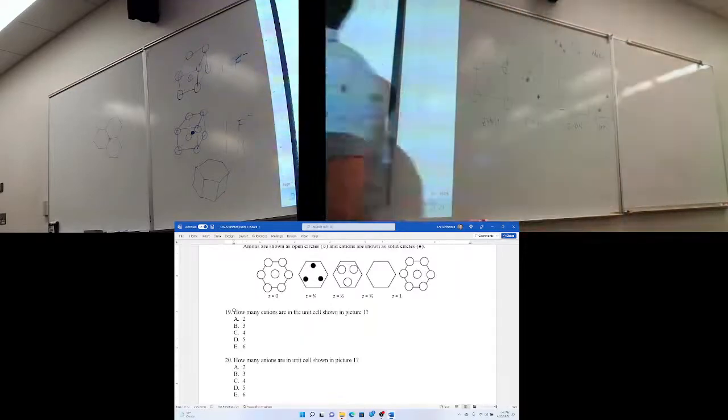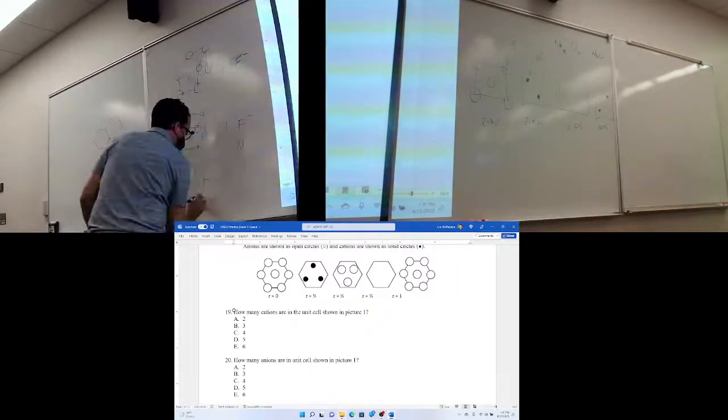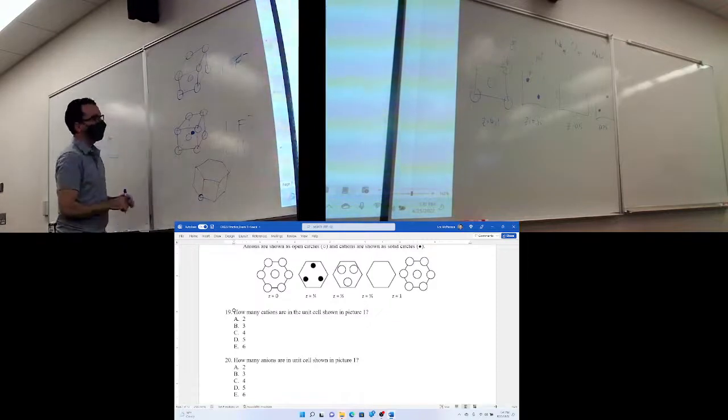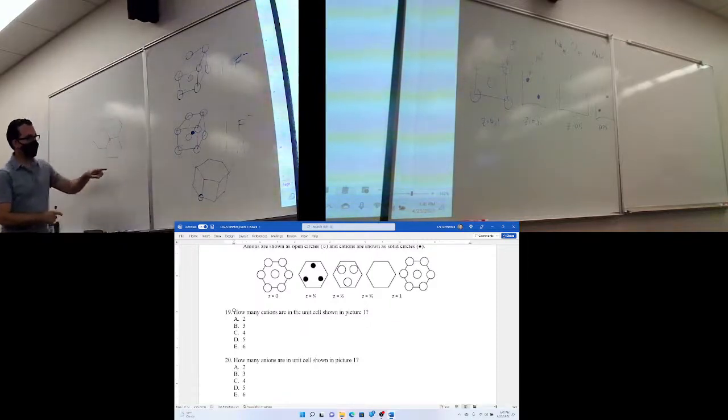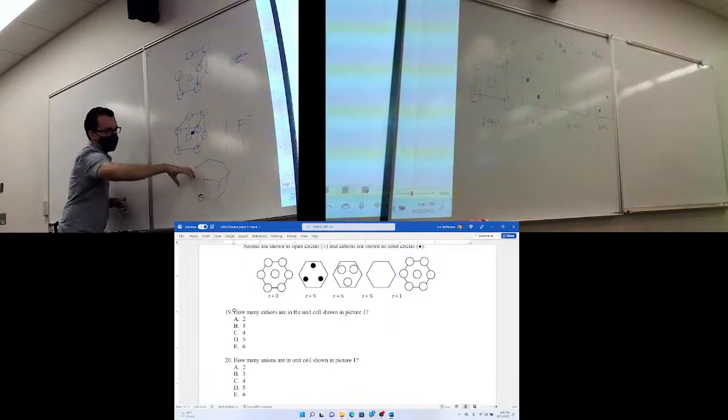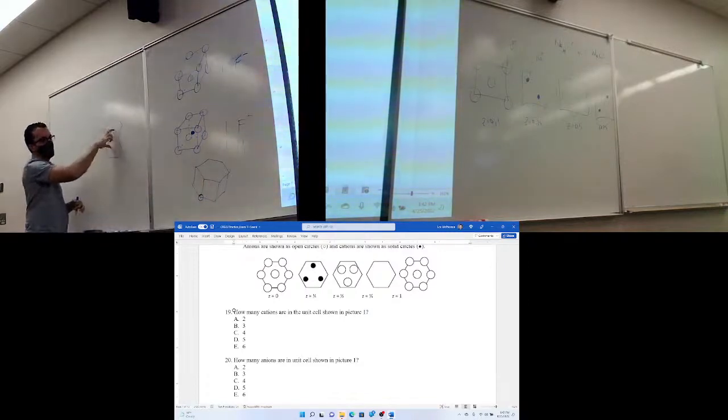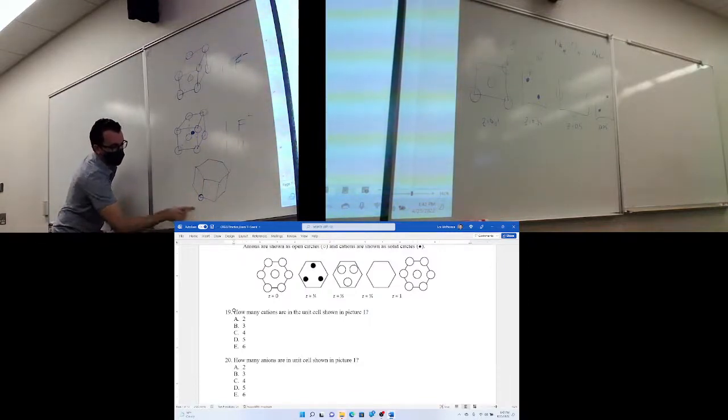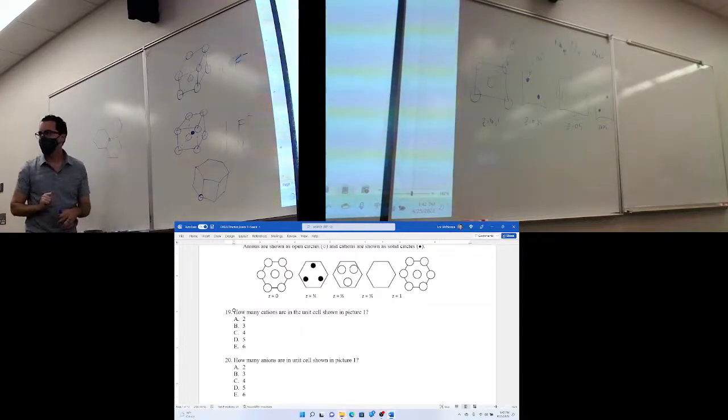So for instance, take this unit cell and this corner right there. It's got one more in front here, one more to the side here, and then it's got the layer just underneath here. So there's 3 down there too.